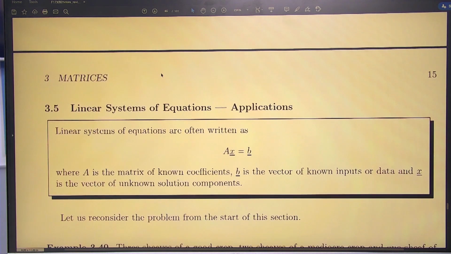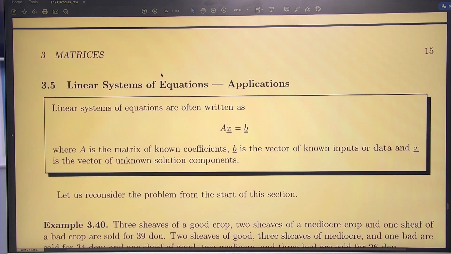Well, guys, this is about the matrix notation. After this, we'll see some applications of matrices.